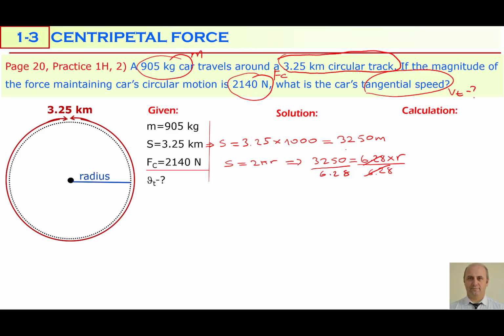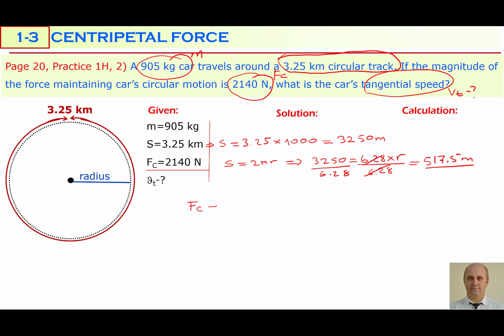It's going to be 517.5. So 517.5 meters. This is the radius of the circular path.